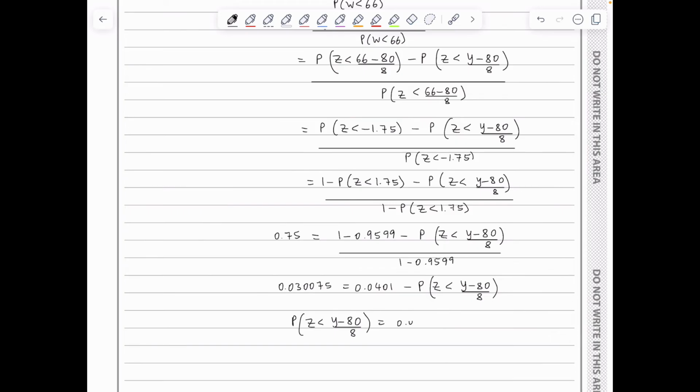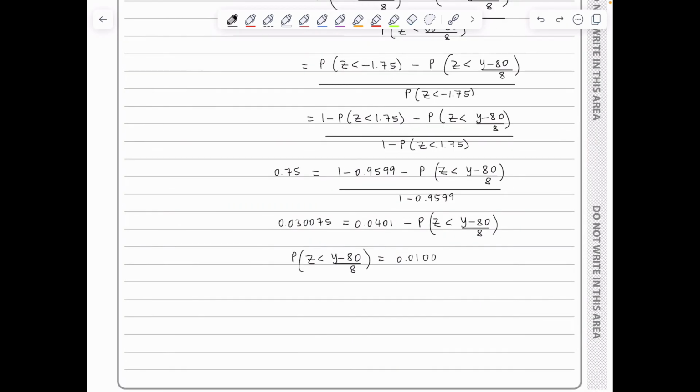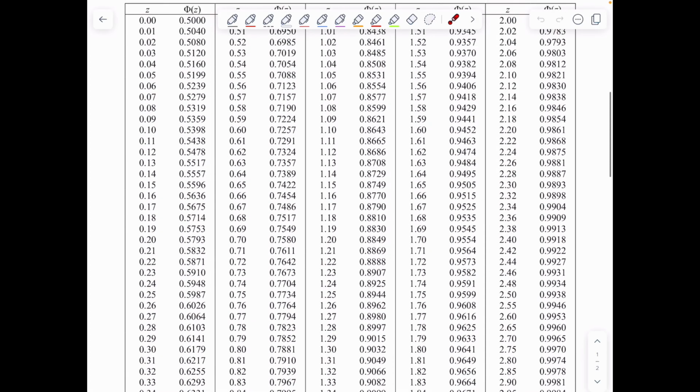0.0100. And so we've got that the probability of z being less than (80 minus y) over 8 is equal to 0.99. So looking into the table of values, I'm trying to get a probability which is as close as possible to 0.99. We see that we need to go over here. 0.9898 is the closest, so we get 2.32.